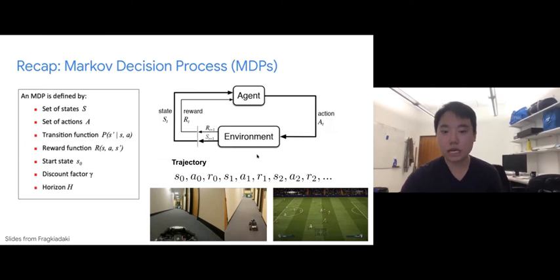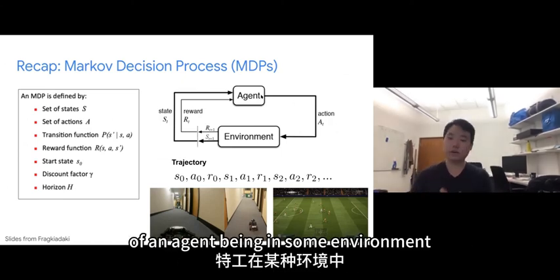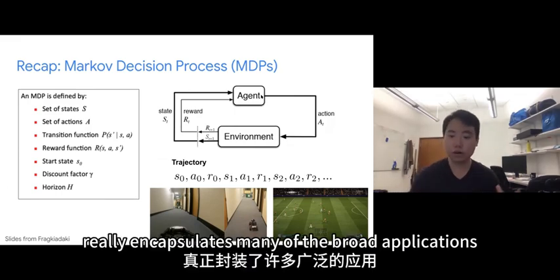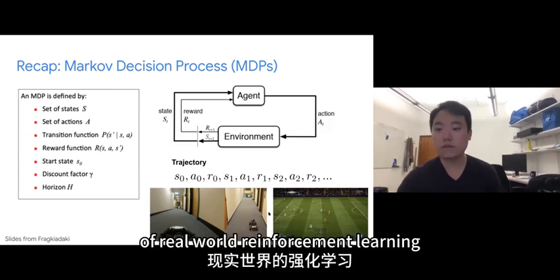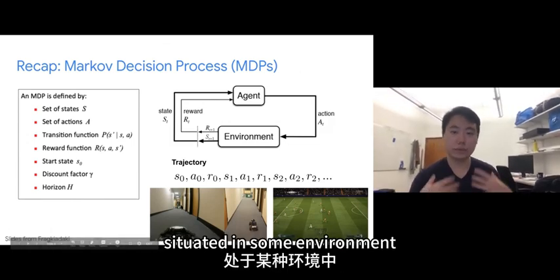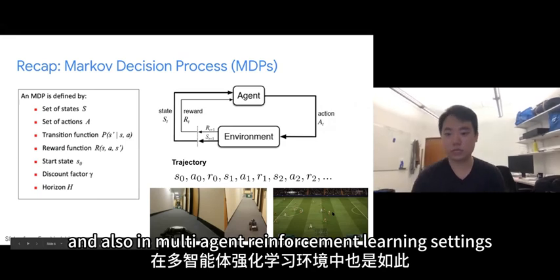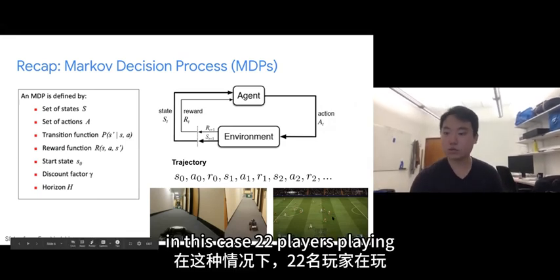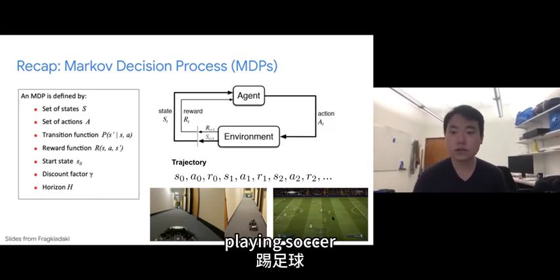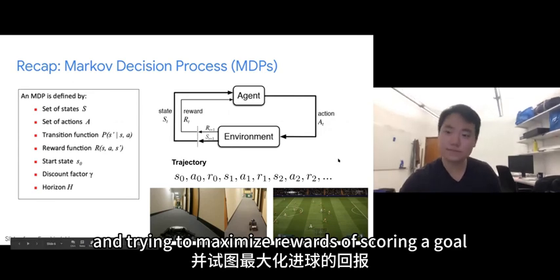And the goal of reinforcement learning is to maximize these cumulative discounted rewards across a really long-term period, across a horizon H. And we've seen how this Markov decision process of an agent being in some environment really encapsulates many of the broad applications of real-world reinforcement learning. So that includes a robot being an agent situated in some environment in which it has to explore, and also in multi-agent reinforcement learning settings where there are multiple agents, in this case, 22 players playing soccer, situated in some environment and trying to maximize rewards of scoring a goal.